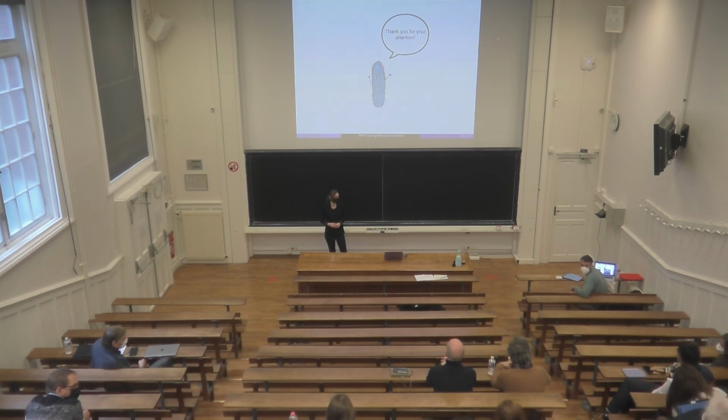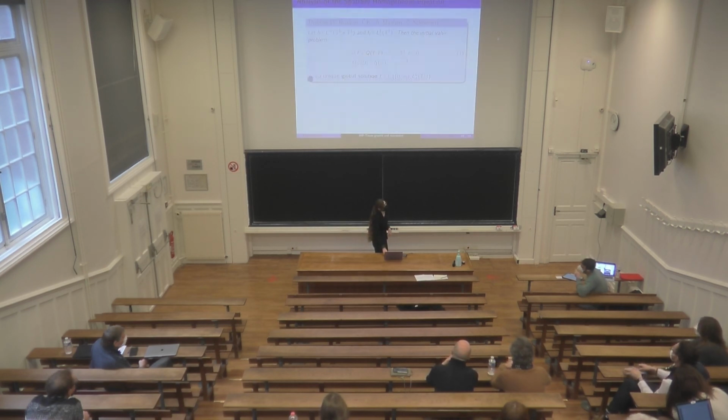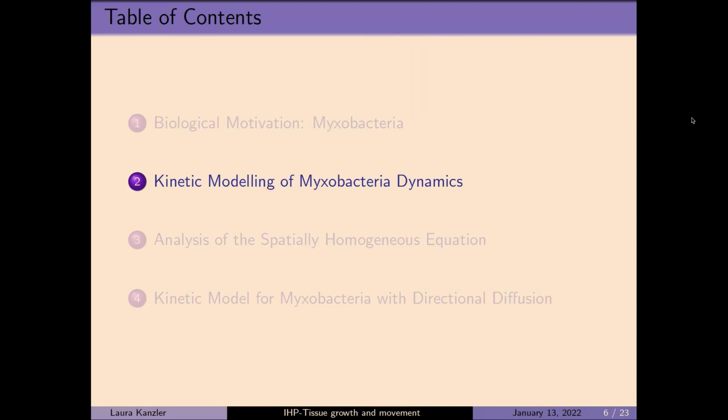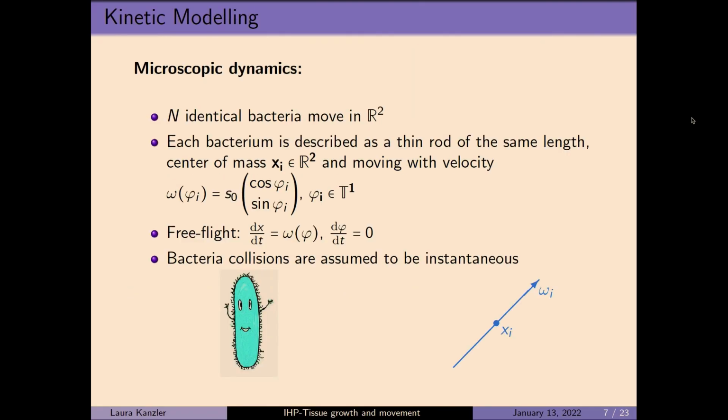Thank you for your nice talk, Laura. It's just a question again on the modeling. What are the timescales of these things, and what allows you to not look at proliferation at all?